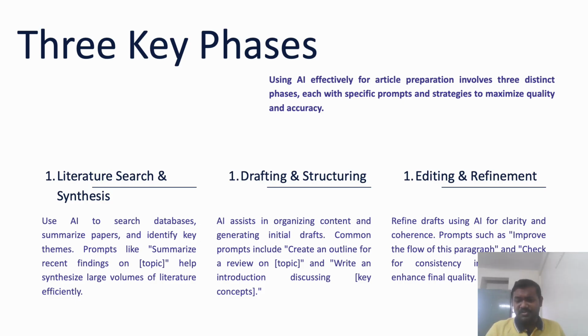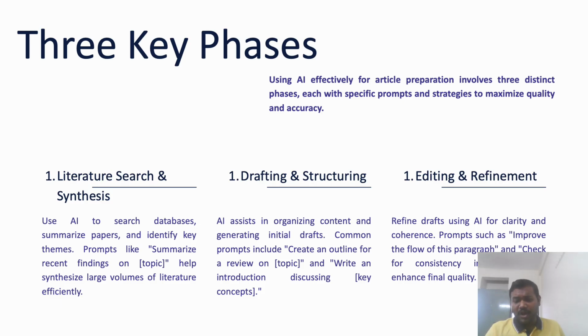This is where researchers spend a considerable amount of time trying to identify the relevant publications, understanding the existing knowledge, and recognizing the gaps in the literature. AI tools can significantly reduce the time required for this stage and help us locate relevant papers, summarize the findings, and identify the common themes across multiple studies.